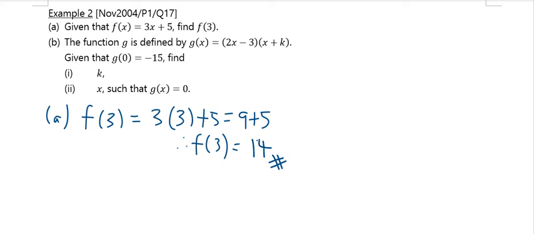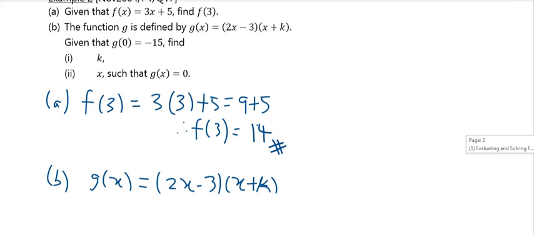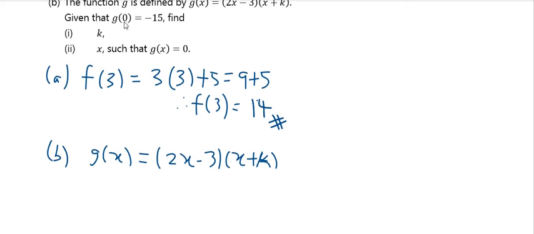Let's start now. For part b, you know that g(x) is (2x minus 3)(x plus k). You have to use the fact that g(0) is negative 15, so you put in the 0 inside here. You have 2 times 0 which is 0, minus 3, and the second bracket will be 0 plus k, which is k.